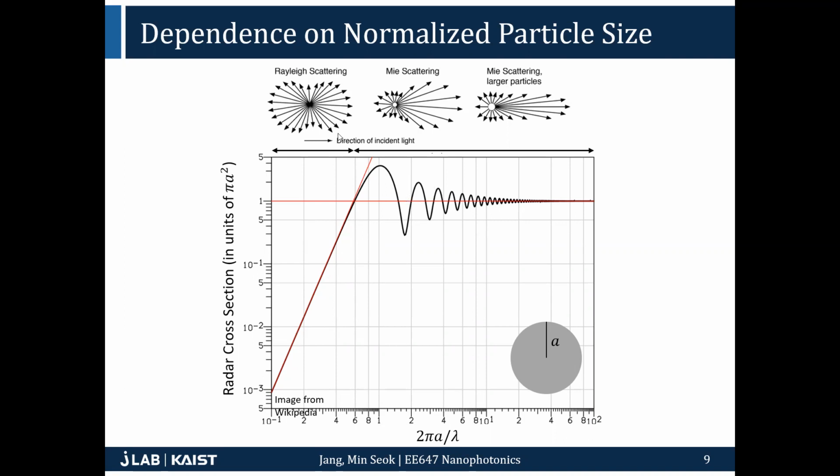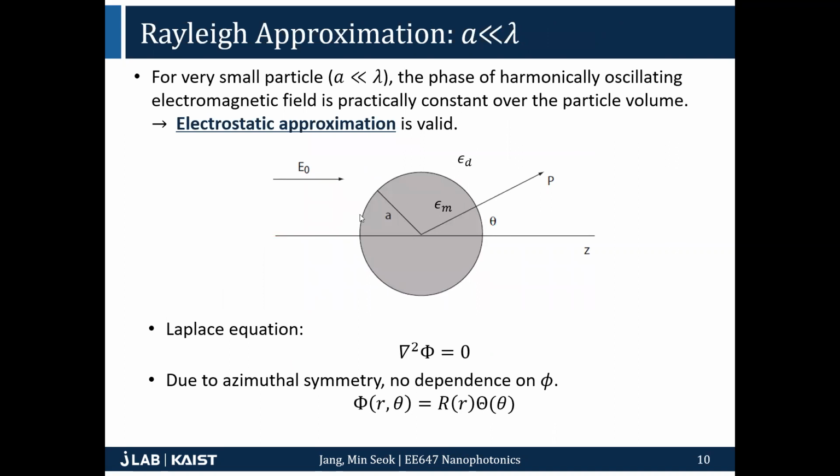In order to explain the Rayleigh scattering regime, we applied the electrostatic approximation. Even though electromagnetic fields are oscillating in space, because particles are very small, we can ignore the phase difference within the particle, because the size of the particle is much smaller than lambda. So the phase variation within the particle can be ignored, which is called the electrostatic limit.